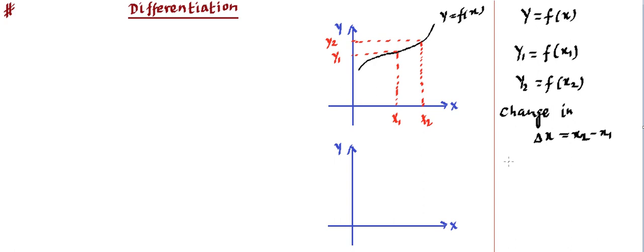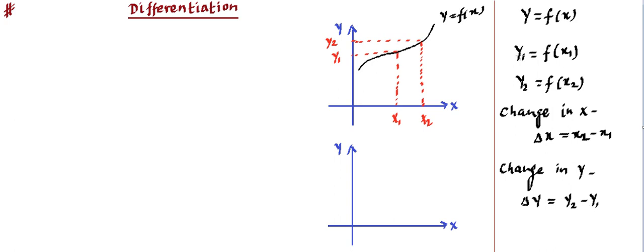Similarly, in case we are interested in finding the change in y, we can write delta y. This was change in x, and now we are talking about change in y, that means the value of the dependent variable. We can write it as delta y, which is going to be equal to y2 minus y1. That means the final value of y and the initial value of y, the difference of the two.